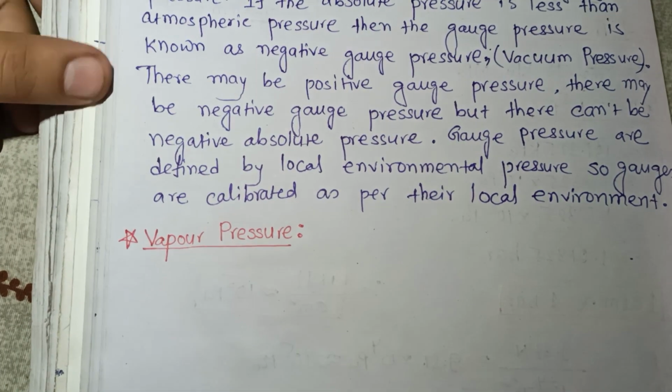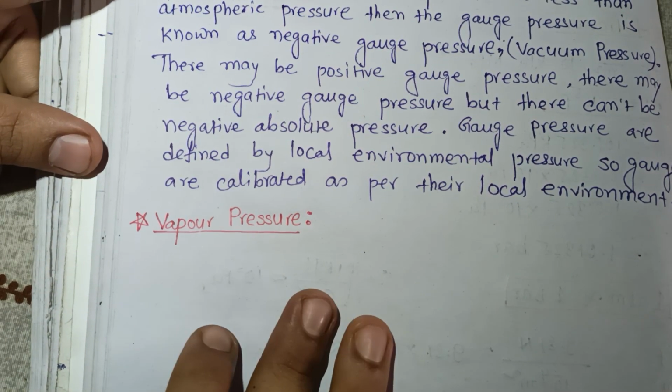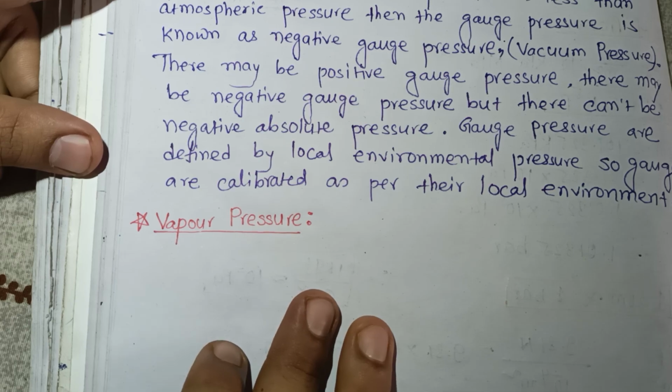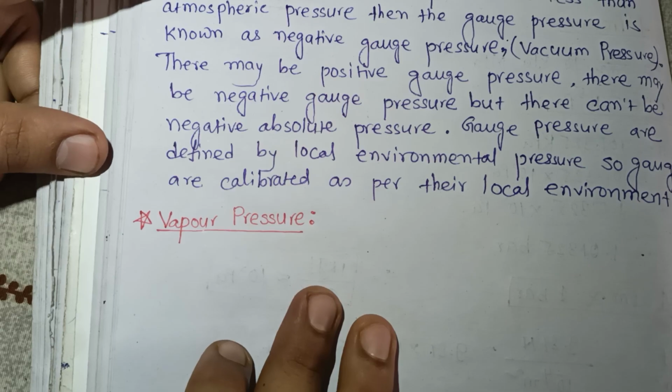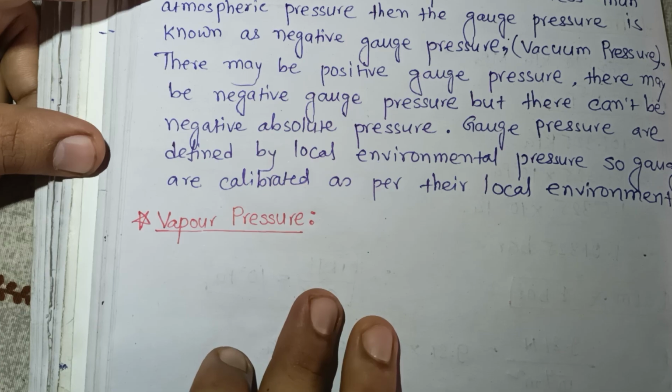So what is vapor pressure? It is the saturation pressure exerted by a liquid vapor on the liquid surface at a given temperature. This is very important. Each liquid has its own vapor pressure at a given temperature. If the absolute pressure of the liquid becomes less than the vapor pressure of the liquid at a given temperature, the liquid boils or evaporates.